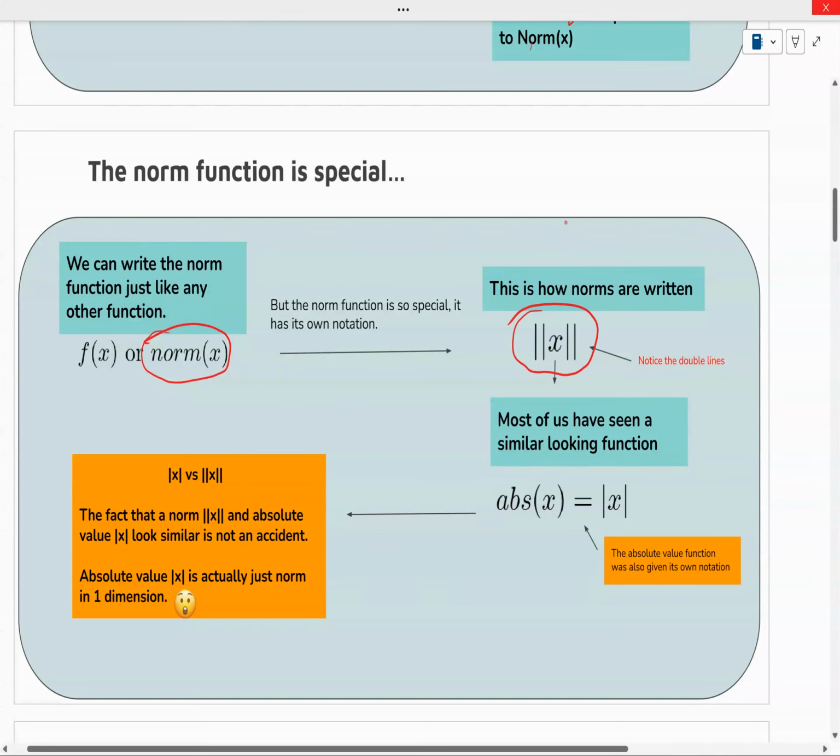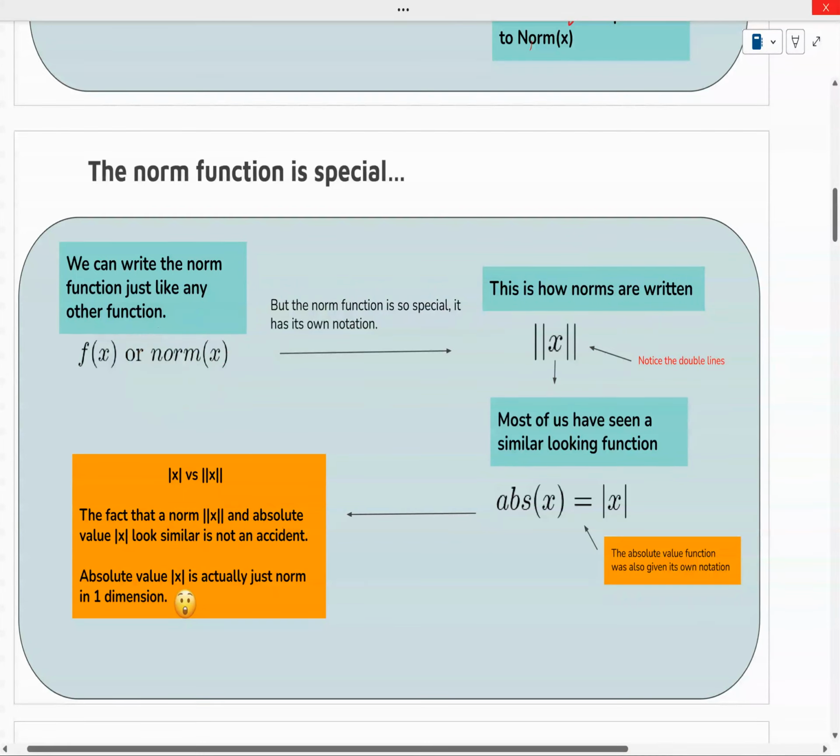When you see this double line, you can picture it as if you put this vector inside the norm function. They're mathematically equivalent. You're putting a vector inside a function, but because we use it so much, we just use this notation.